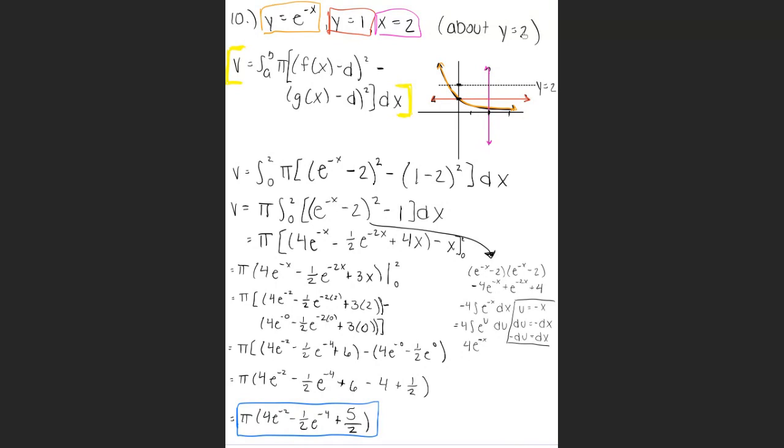So d would, in this case, equal 2. So the outer function would be e to the negative x, and the inner would just be y equals 1. So over here, I represented the interval from 0 to 2, pi.